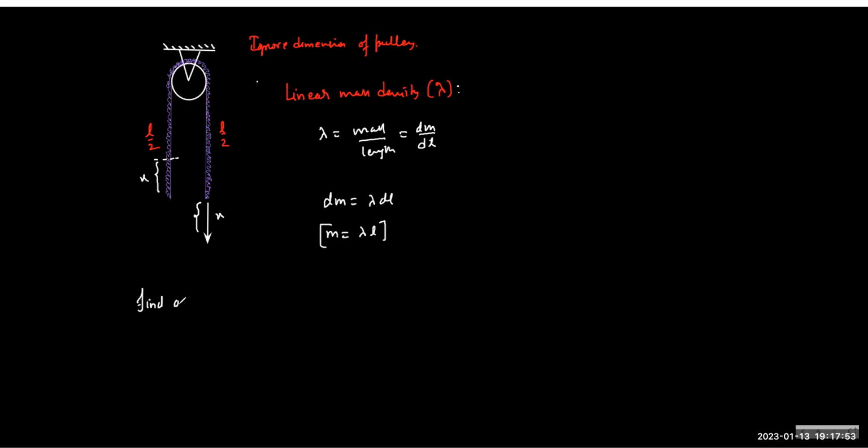So find the acceleration of the chain as a function of the distance, which I'm calling x, descended by the right part of the chain. Okay. So tell me, guys, what should be the answer?